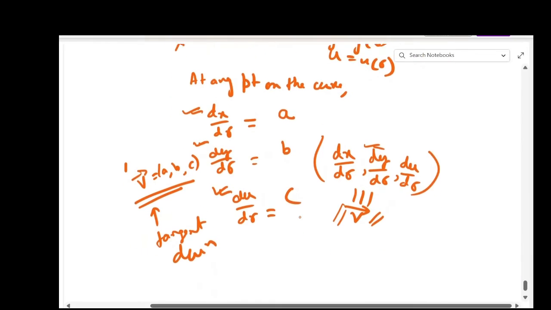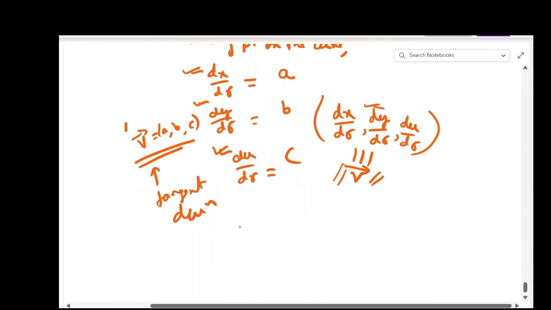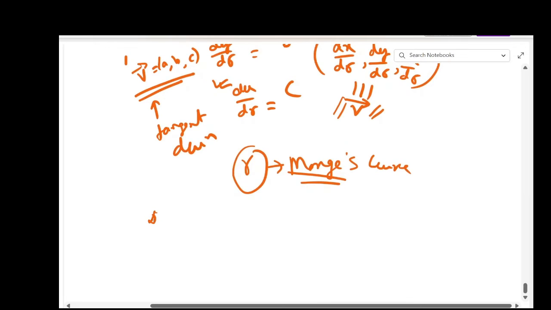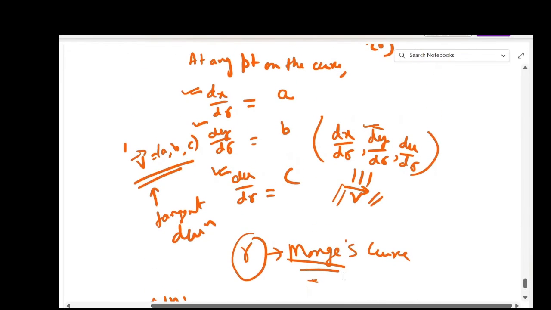This curve gamma is referred to as Monge's curve. So what is the specialty of Monge's curve? I can define it using Monge's direction. It gets its name from there, because any curve which has the Monge's direction as a tangent at every point is a Monge's curve. According to our notation, Monge's direction is ABC.